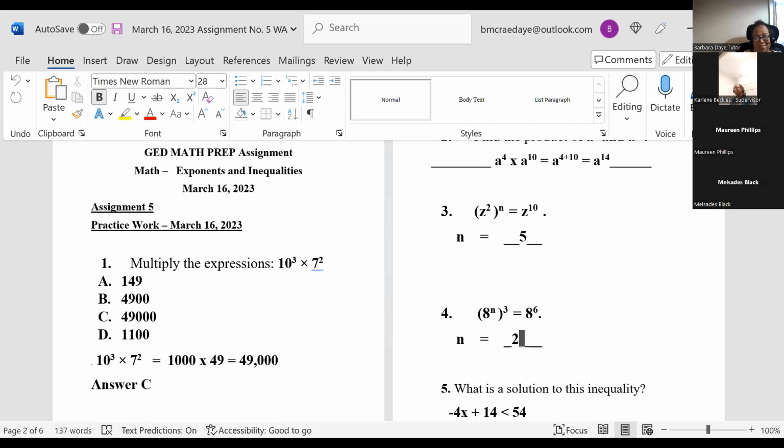Looks simple. That's one of the power to a power, right? Just like number 3 and number 4. Looking at 3 and 4 like it's hard. The only difference is we put our variable inside the parentheses, and here we put our variable outside. But it's the same rule, right?